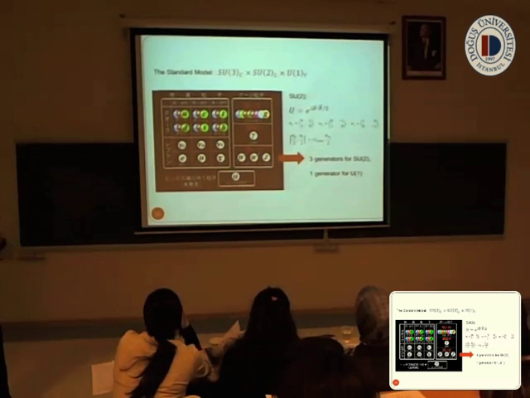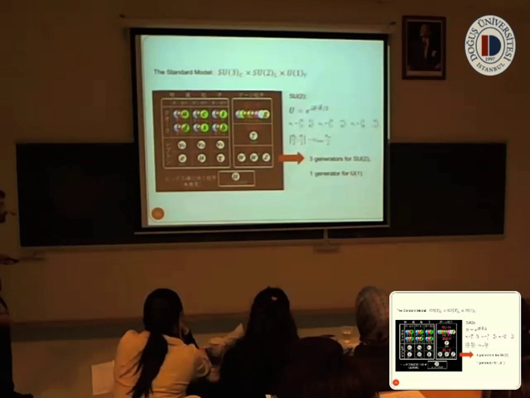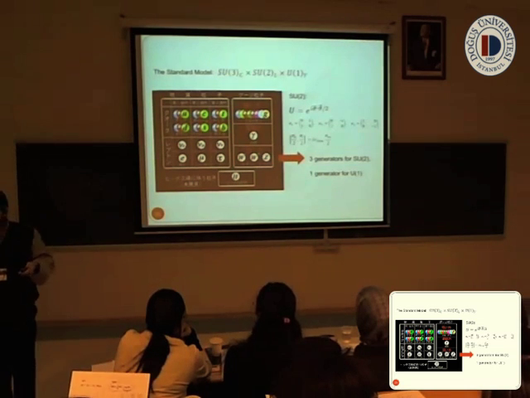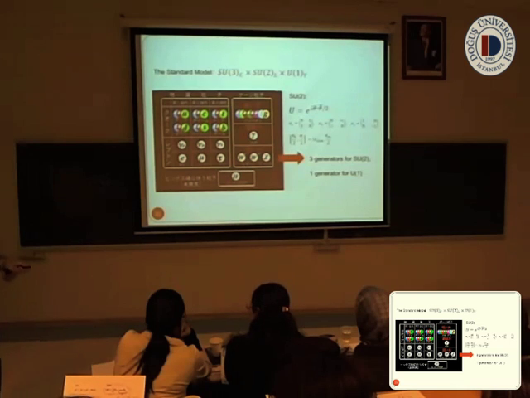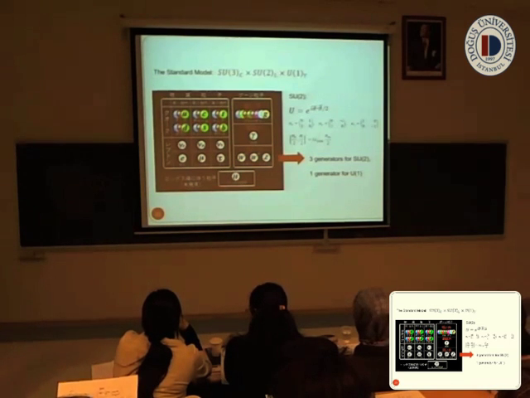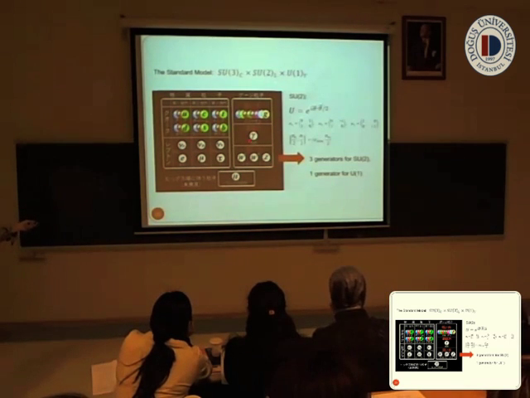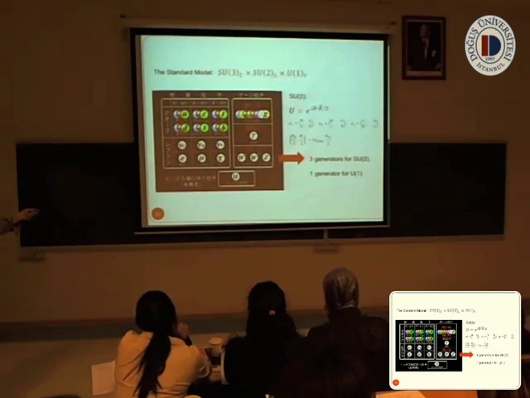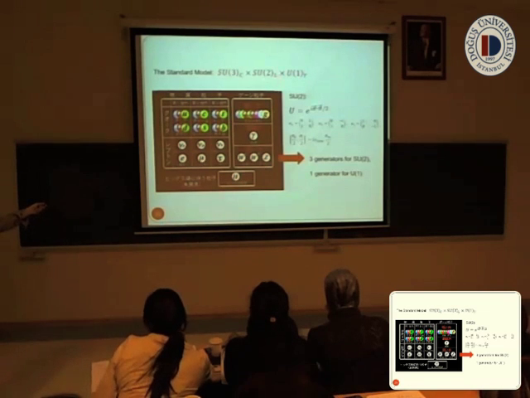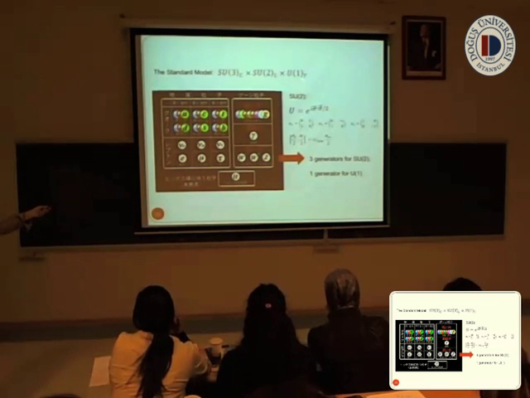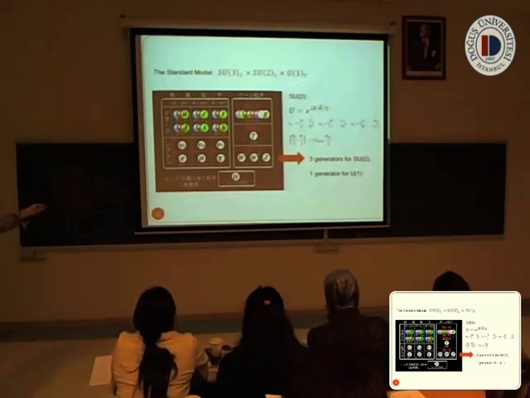Alright, for the SU(2) part, you have 3 generators, therefore you have 3 gauge bosons. However, I should tell you that these 3 gauge bosons are not the gauge bosons of SU(2) left, and this gamma is not the gauge boson for U(1) hypercharge. The reason is the Higgs mechanism. This part of the standard model, SU(2) times U(1), is known as the electroweak part.